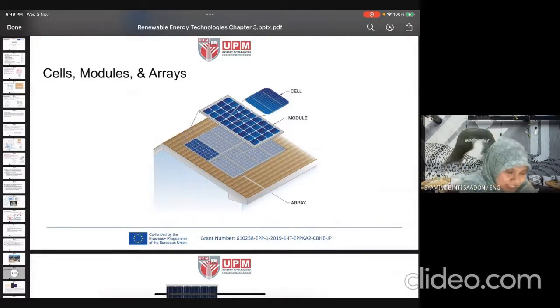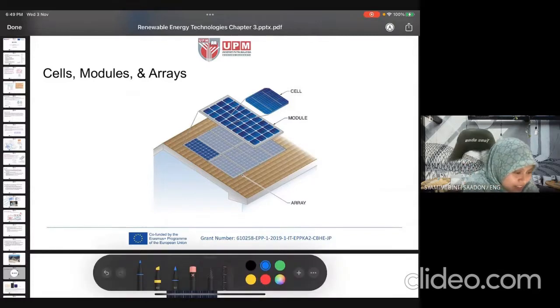A cell is the small rectangular one. This is all cells. This is what we call PV cells, photovoltaic cells. A photovoltaic module combines all those cells in a panel.